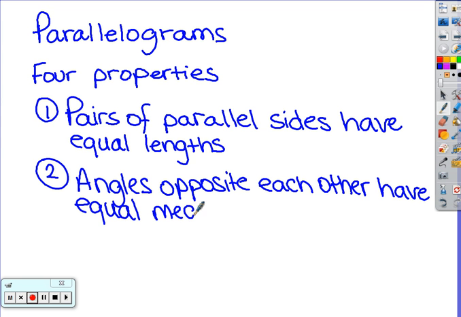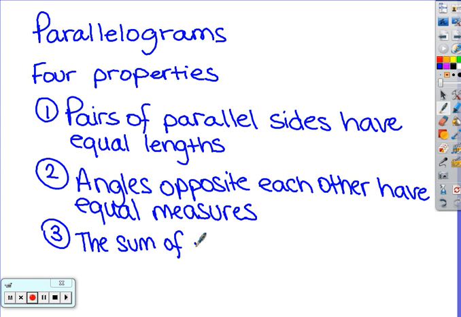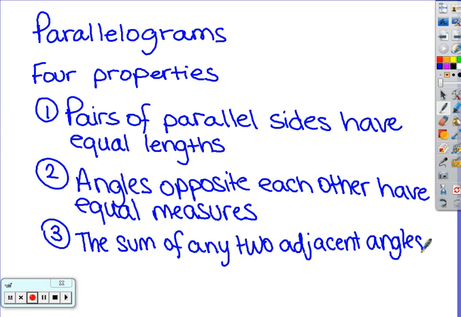Angles opposite each other have equal measures. Property 3. The sum of any 2 adjacent angles is 180 degrees. And property number 4, diagonals bisect each other.